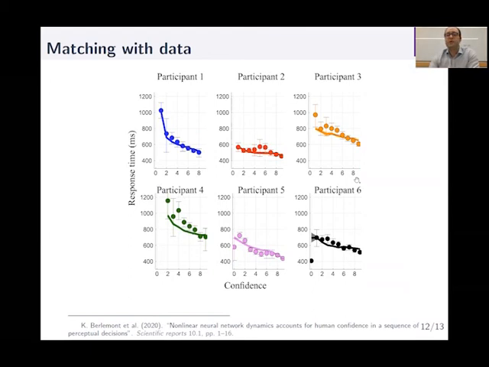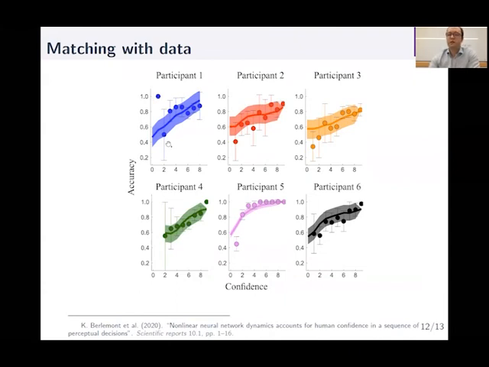And if we look at the relation between response time and confidence, it's the same. The attractor network is able to capture this relation. And again, because the model was not fitted on this data, the fact that it reproduces this behavior means that this modelization of confidence has a chance to be accurate.